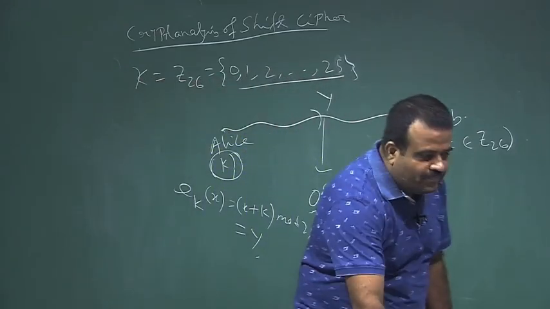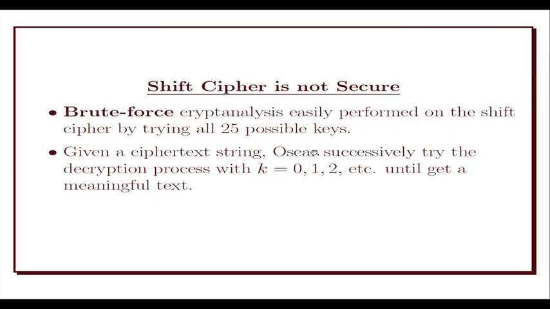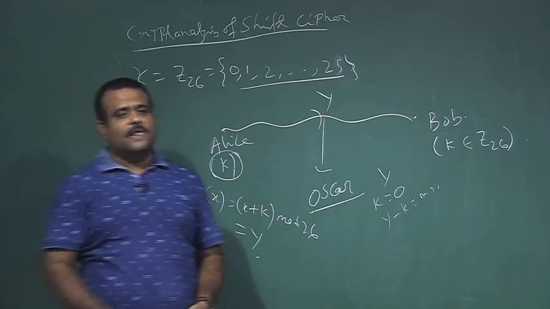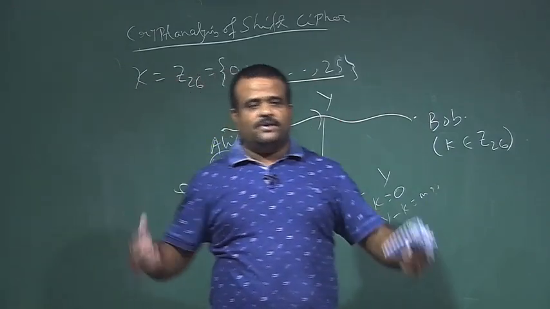Given a ciphertext string, Oscar tries the decryption process with k equal to 0, 1, 2 and so on until he gets meaningful text, because we know the encrypted message is English text. Once Oscar gets a meaningful text, Oscar will stop.